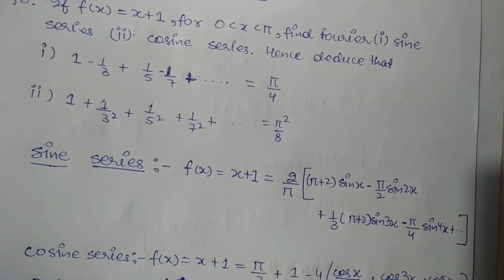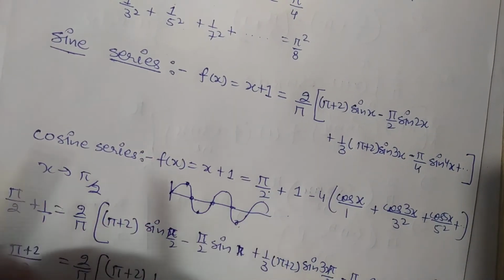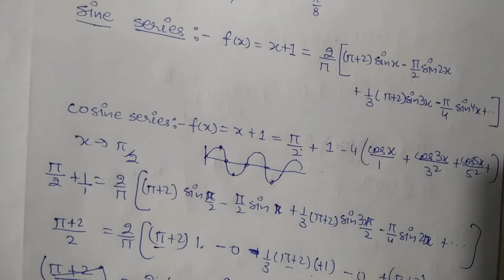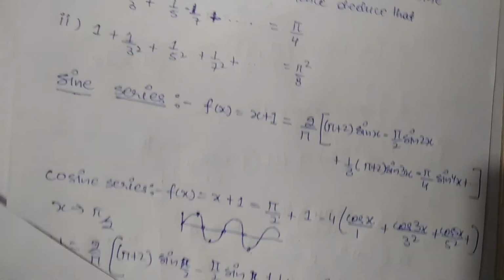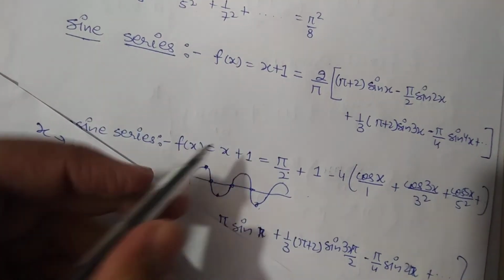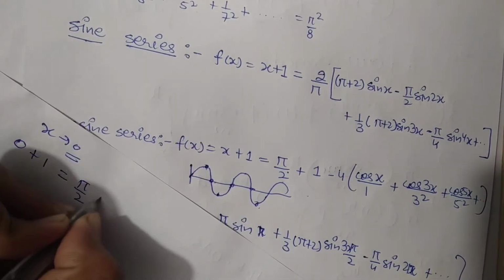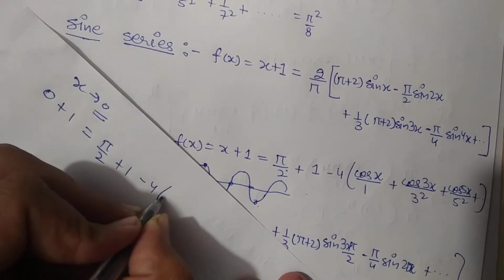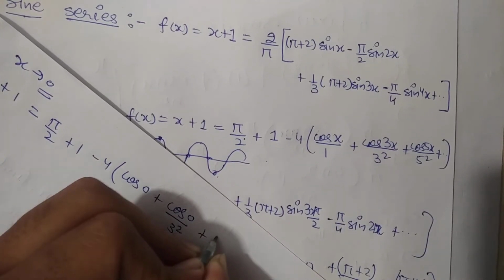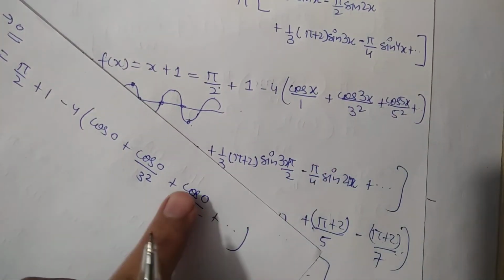Now to prove the second relation, I will take the cosine series, which is given like that, and I will put x equals 0. I am just going to take another page to solve that relation. Put x equals 0 in this equation, so we will get 0 plus 1 equals pi by 2 plus 1 minus 4 into cos 0 plus cos 0 by 3 square plus cos 0 by 5 square, up to infinity, because cos 3x and cos 5x will be cos 0 only.